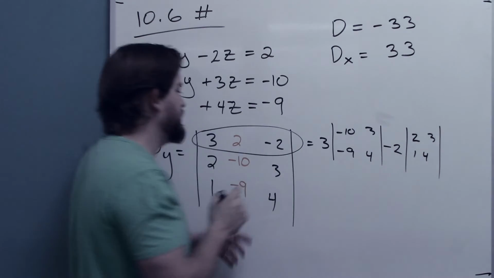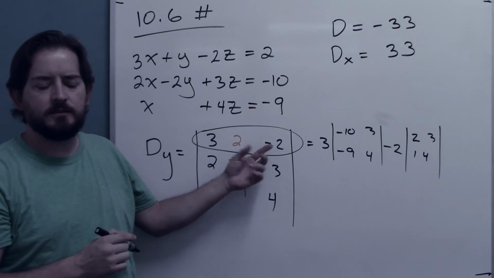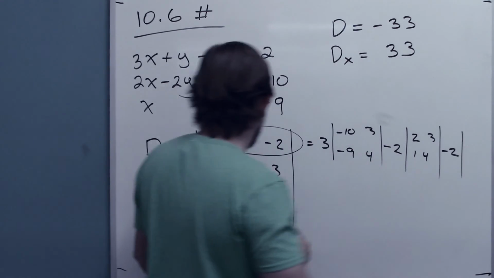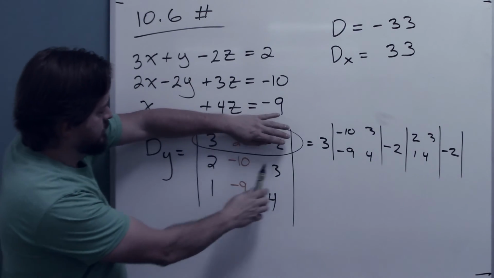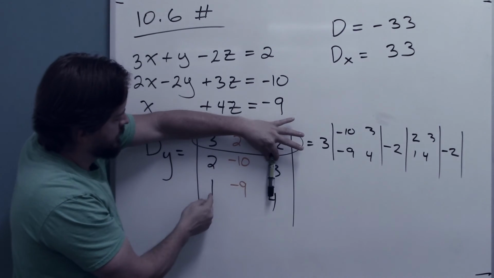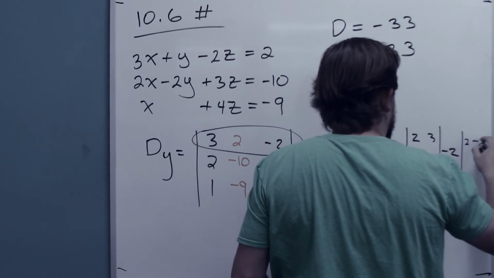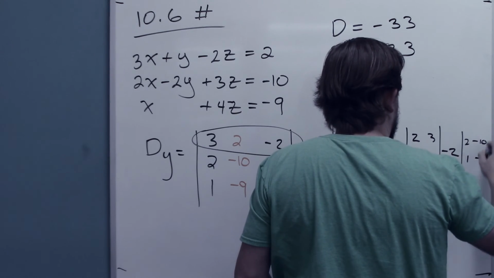And then back to a plus spot, but this is minus, so it doesn't change it, it's minus 2 then, right, times 2, negative 10, 1, negative 9. Okay.